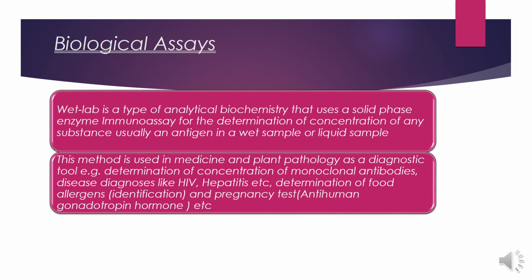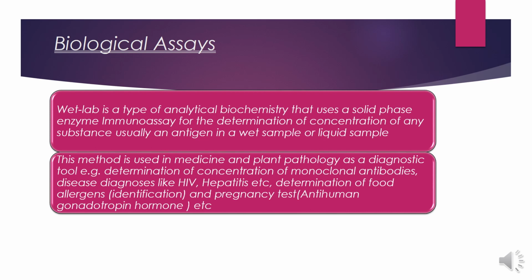So depending upon the use, either these kits may use the antigens or antibodies, or any reacting hormonal chemicals, or such neutralizing chemicals that can help in the diagnosis of various diseases like HIV, hepatitis, or determination of food allergens in the food.